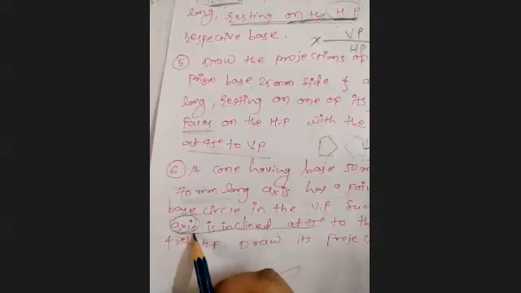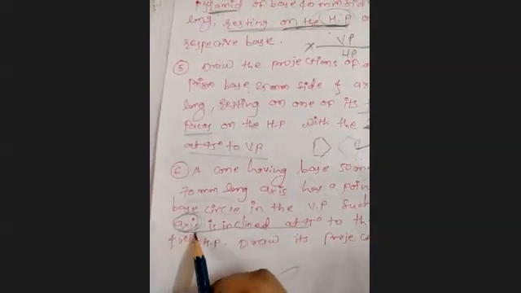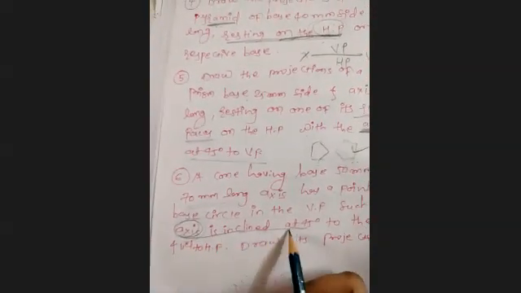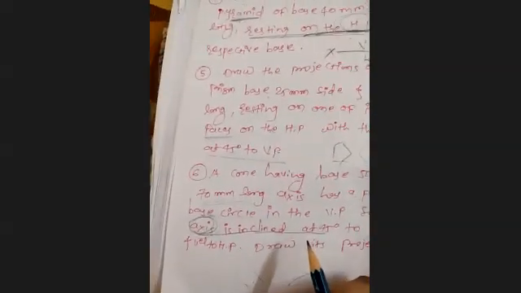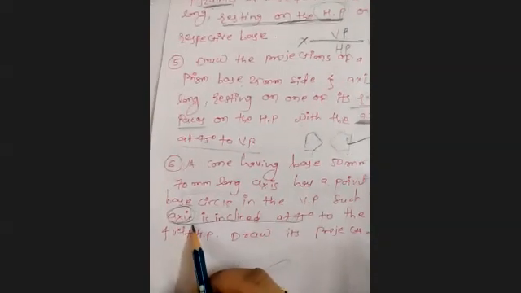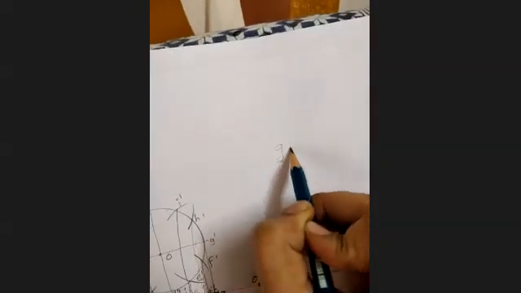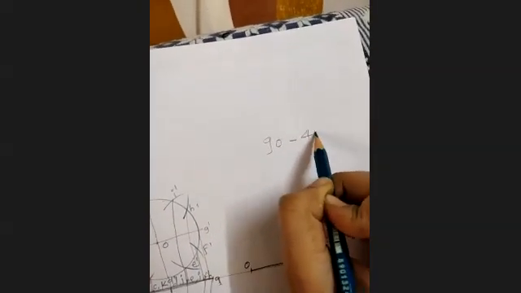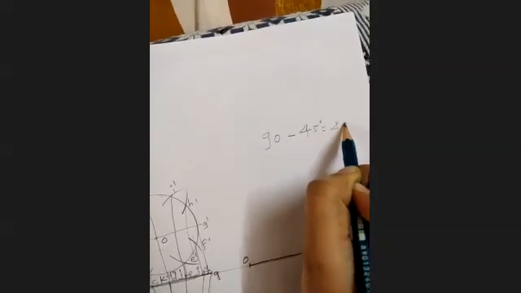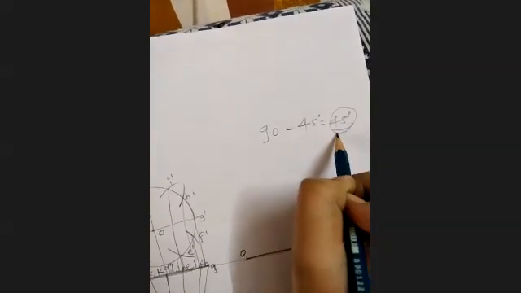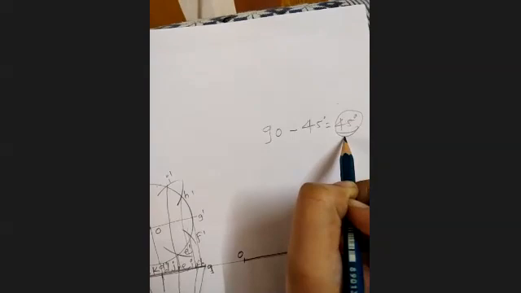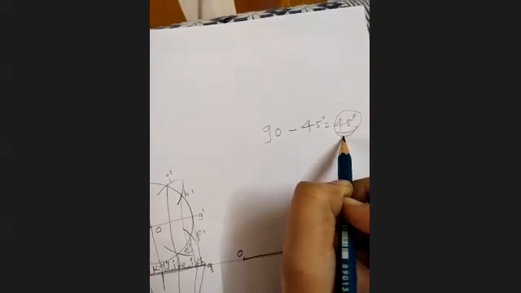Whenever they ask you axis is inclined at 45 degree to VP, means you have to subtract this angle from 90 degree. 90 minus 45 degree equal to 45 degree. You got your base angle. This point is clear? Yes, ma'am.